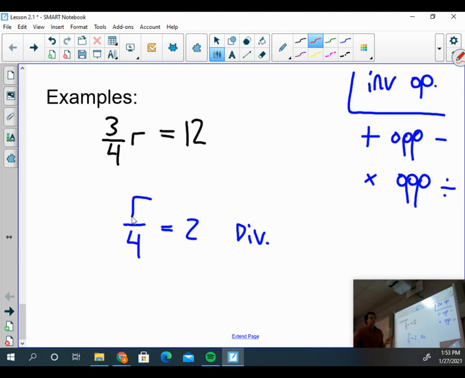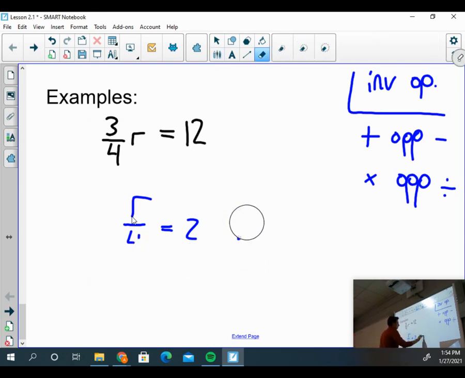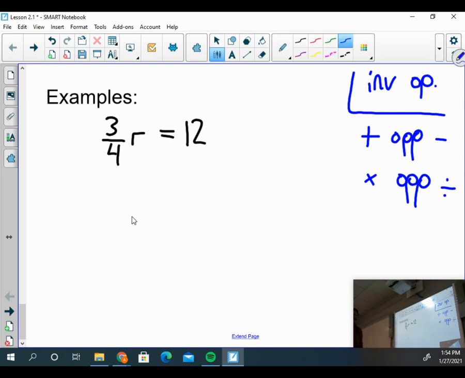The r is not in the numerator of the fraction, right? What we don't see is the r in the numerator there. It's not in the top like it is on r over 4. What's actually happening here, because the r is not physically a part of that fraction, is the r is being multiplied by 3/4.